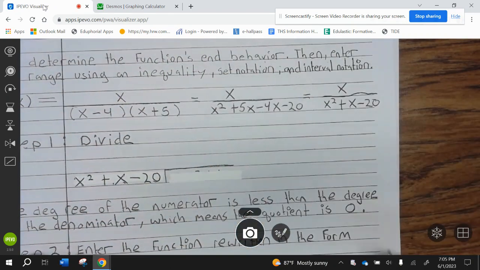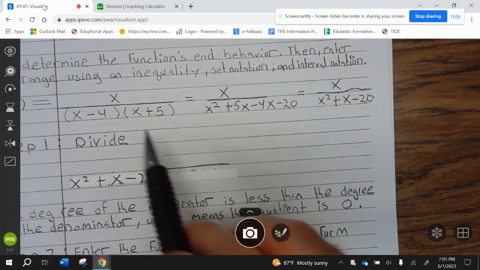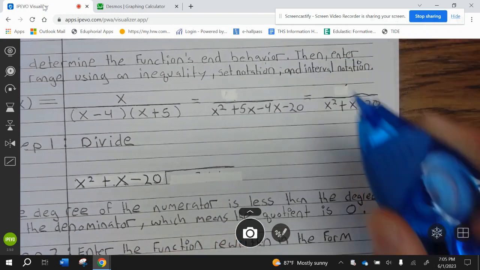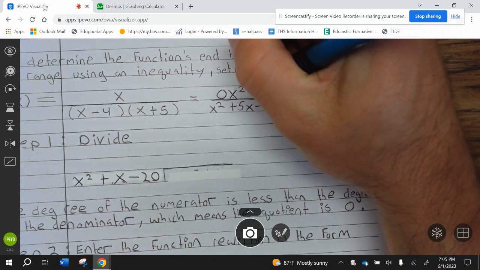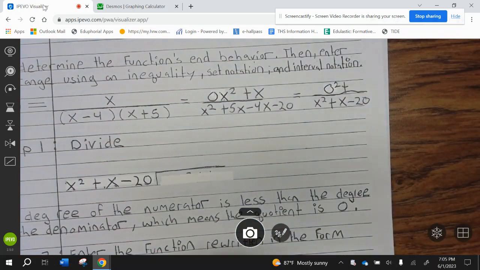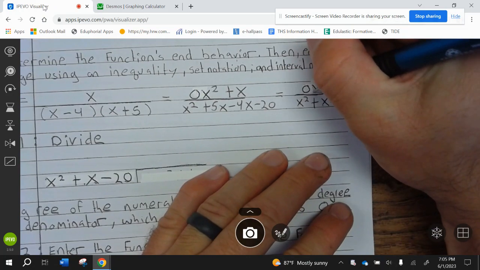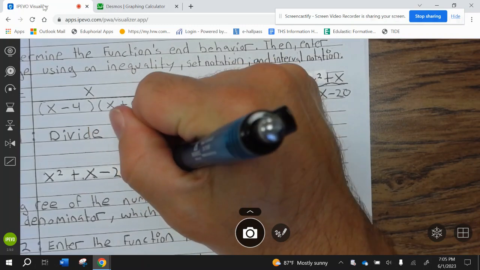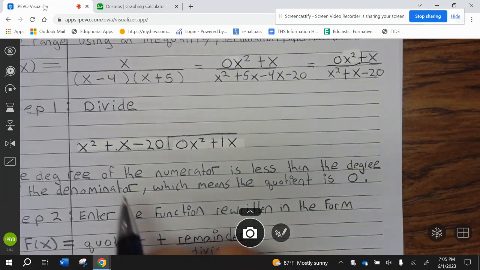And then this needs to be written as, if this has an x squared, this has to have x squared. So this is going to be written as 0x squared plus x. Now, you ask yourself, what do you multiply x squared by to give you 0x squared?